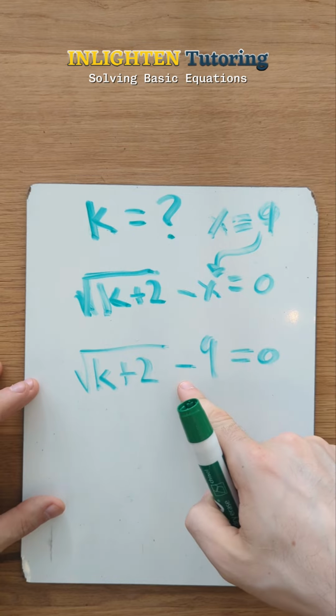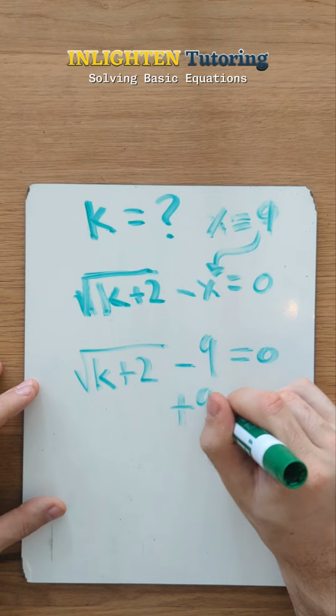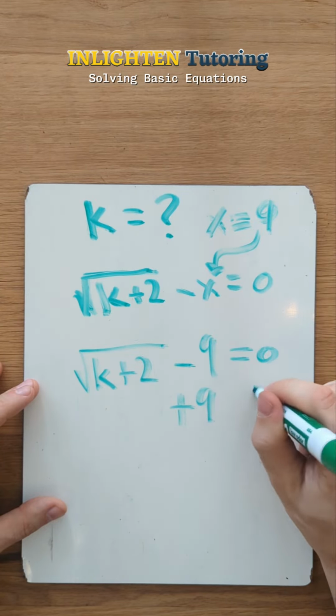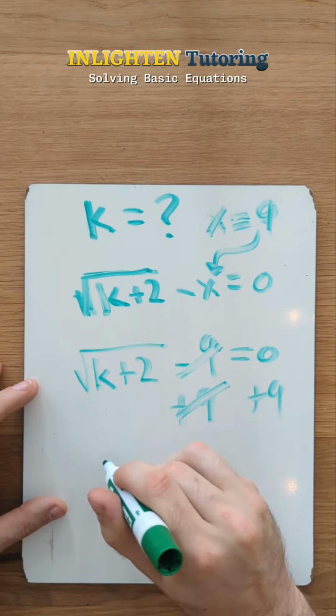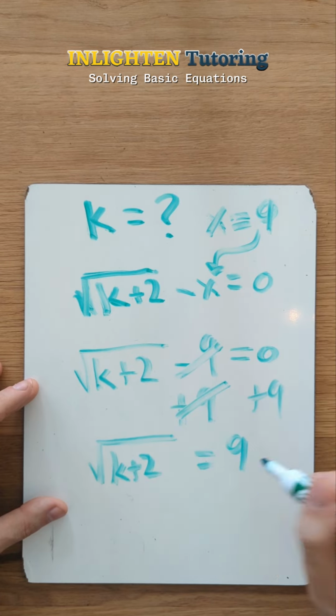So since this 9 is subtracting, I'm going to do the opposite. I'm going to add. But like I said, that change has to be balanced on both sides, so I add 9 to both sides. This makes it go away here. Now I've got square root of k plus 2 equals 9.